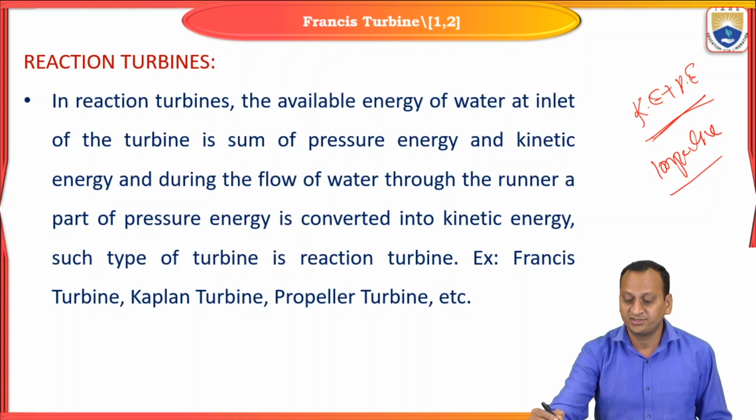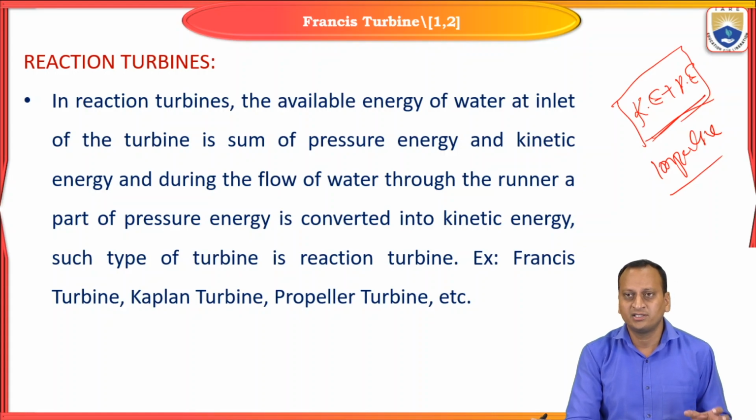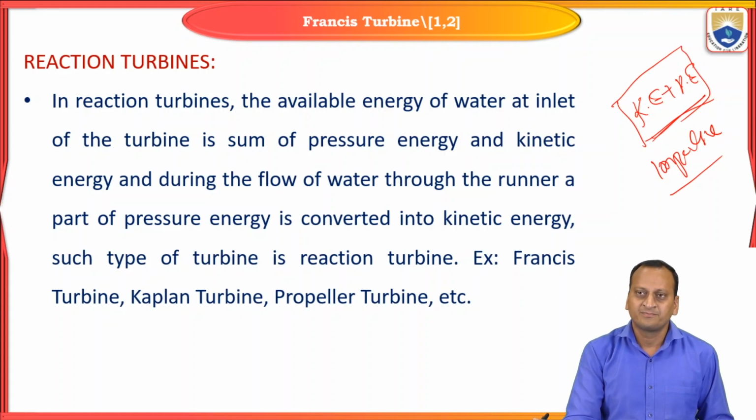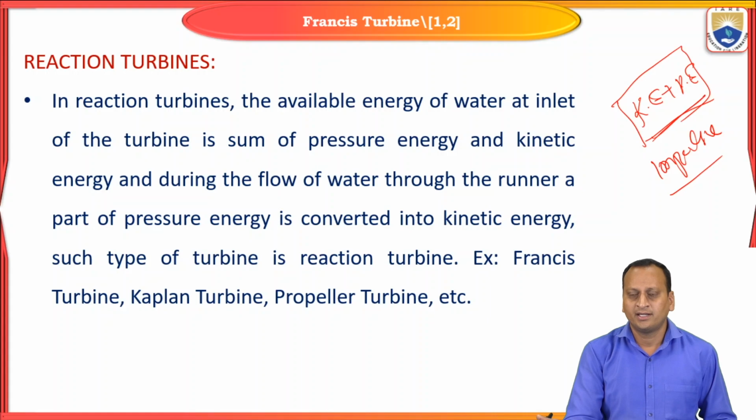But in a reaction turbine, the force is the summation of both kinetic and pressure energy. With this energy, the water strikes the rotor blades, so they start rotating. The rotor is connected to a shaft, and the shaft is connected to a generator, thereby power generation takes place.